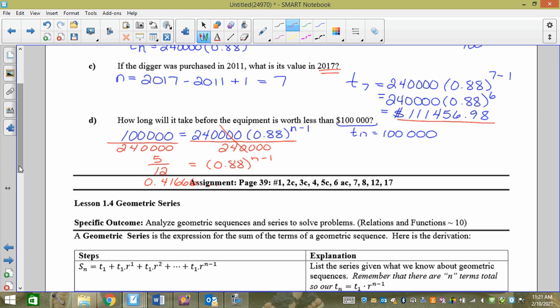If it was a word problem, I would just use reasoning and say, hey, in 2017, it was worth this. If I take that and I times it by 0.88, that gets me to 98,082.14. So 2018, I'll be below that.